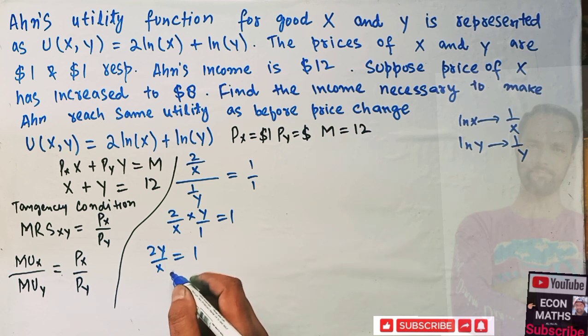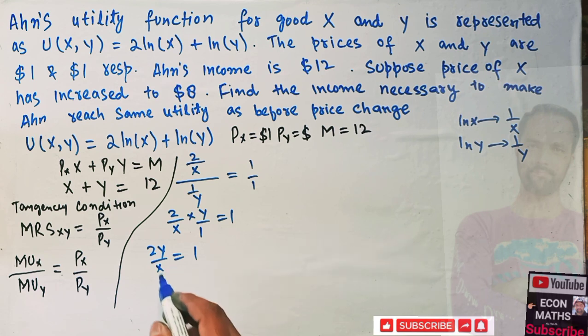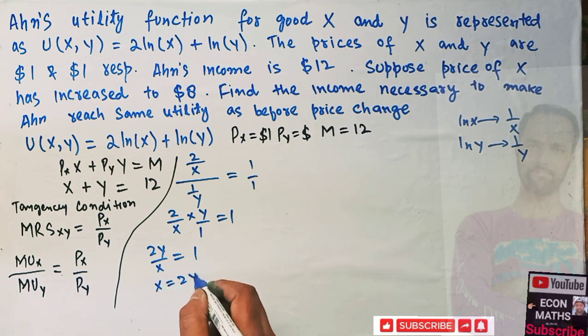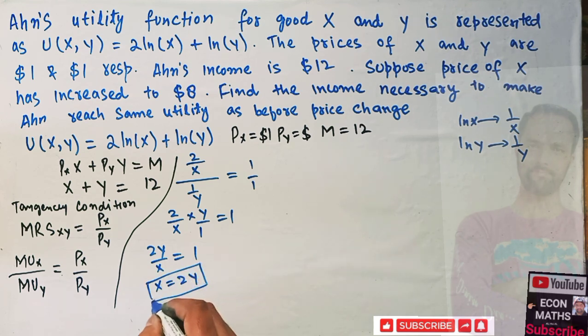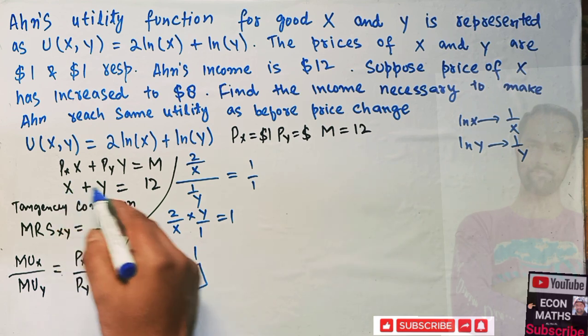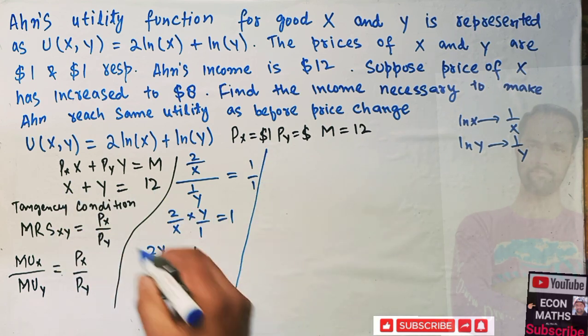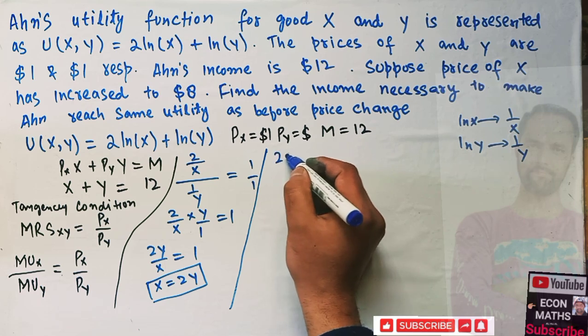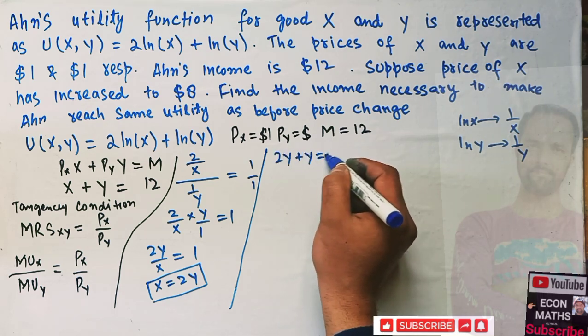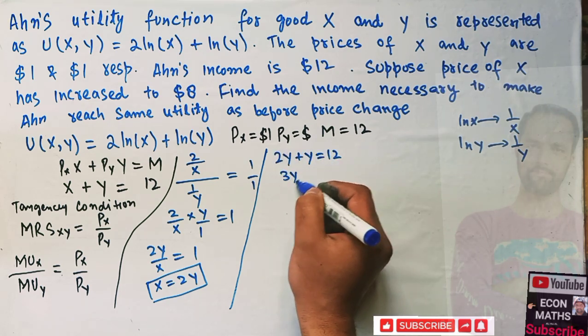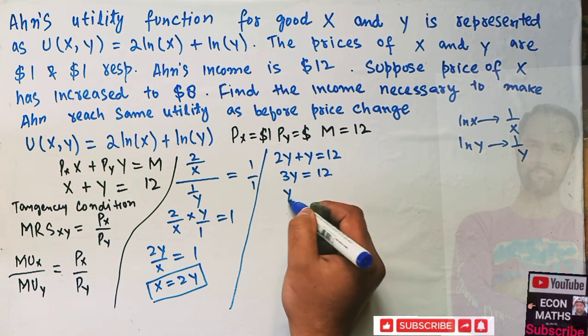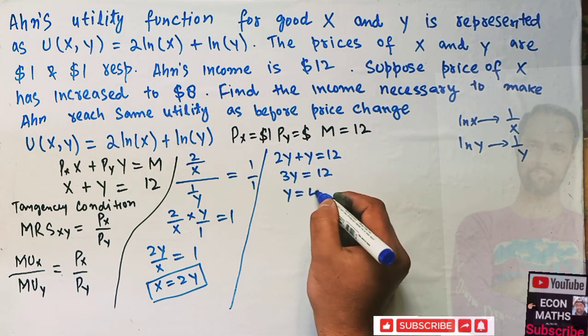This implies x is equal to 2y. Now put x equal to 2y in the budget constraint. We get 2y plus y equal to 12, that means 3y is equal to 12, so y is equal to 12 upon 3, which comes out to be 4.